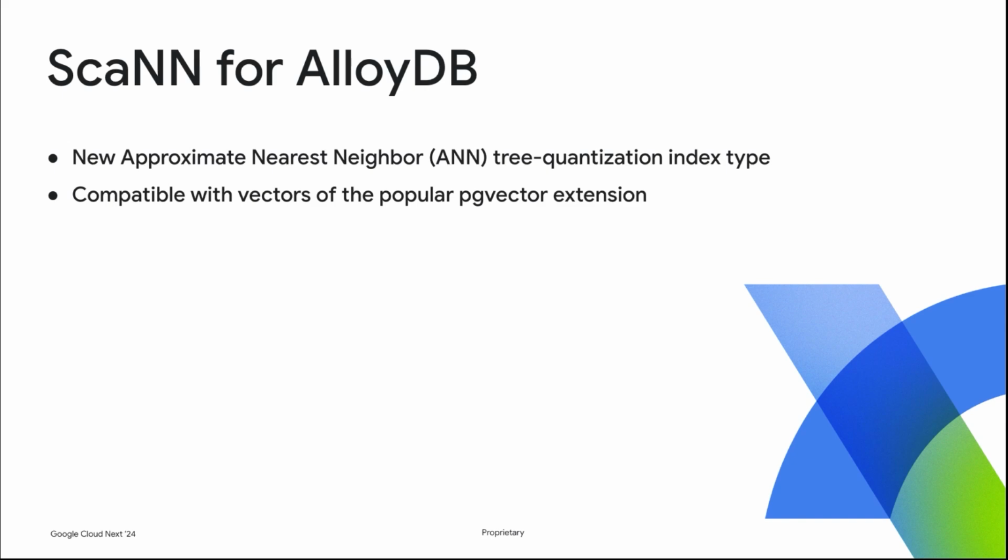In order to do precise vector search, you have to basically compare your vector, your embedding, with every embedding in the database. So, for example, if you are looking to find out which image looks like a newly incoming image, you would have to compare the embedding of the newly incoming image against the embeddings of all the images that you have in the database.